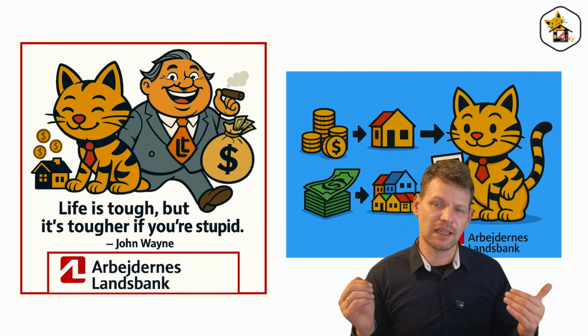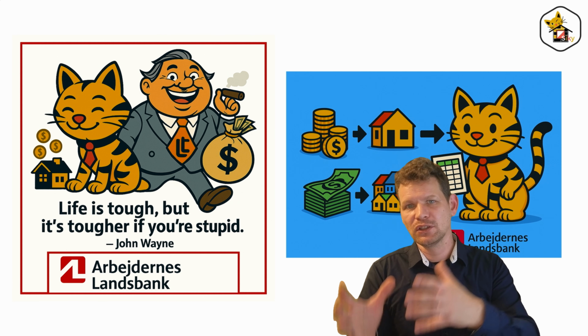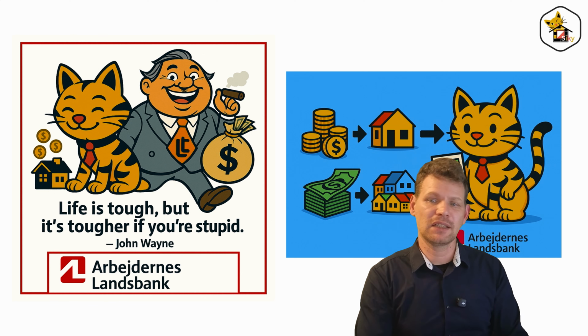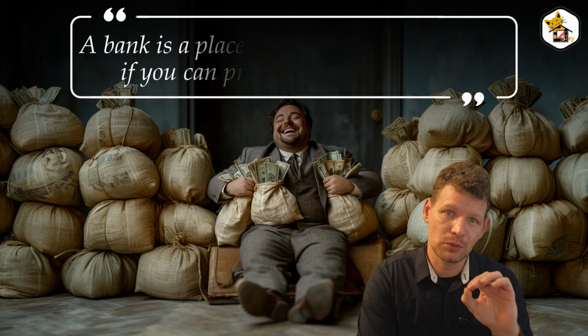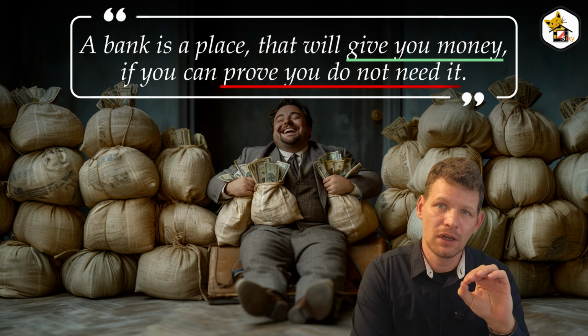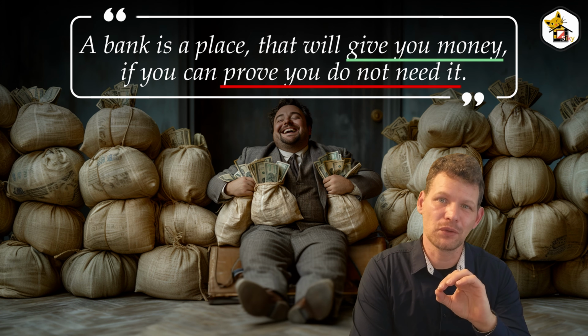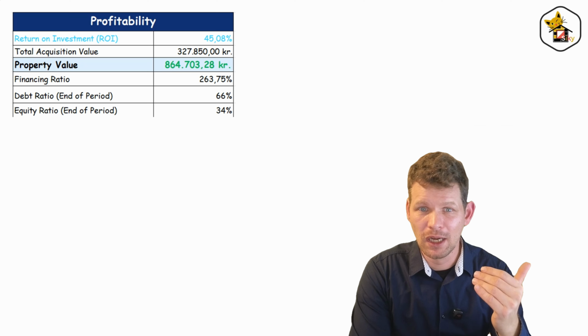So the idea here is, again, we take some money not to get one house, but so we can get more money in our bank account, so that we can get more houses. And that's what we see with the sheet, because the bank will let you borrow money even if your idea is stupid, if you can prove that you don't need the money, right? Because then it's better that the bank takes the money than you have the money.